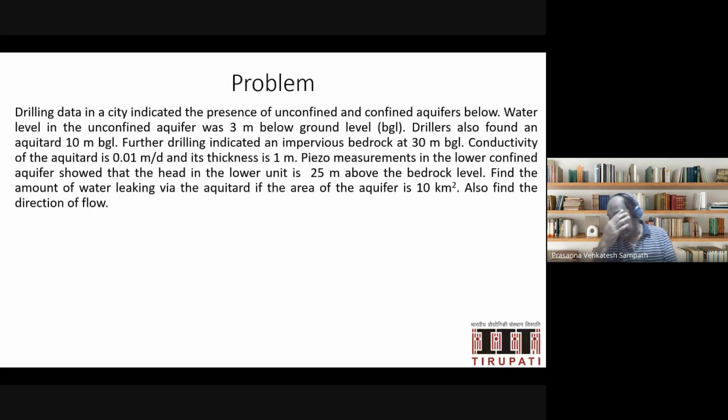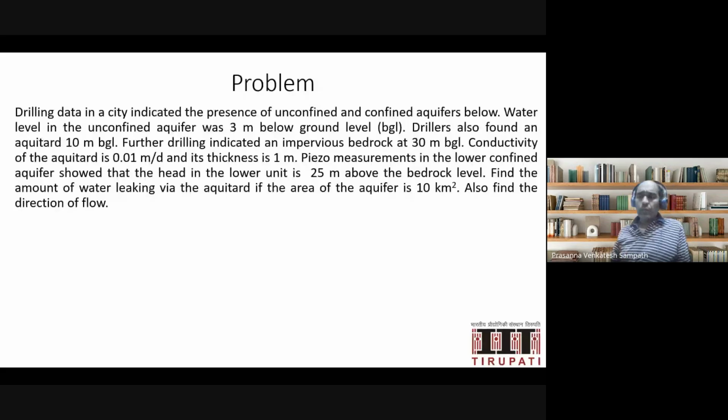If I show you the picture and ask you the direction of flow, it's child's play. You just look at it and say this is the direction in which the water is flowing. Of course, to find the amount of water you need a little calculation, but the difficulty is in converting this paragraph into an image that can help us solve the problem. So that is what you have to keep in mind.